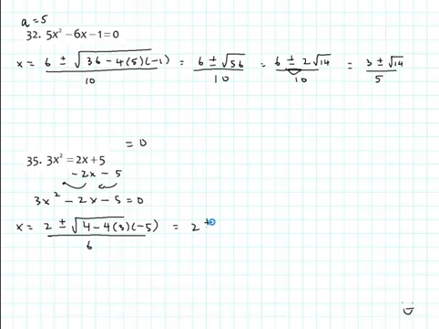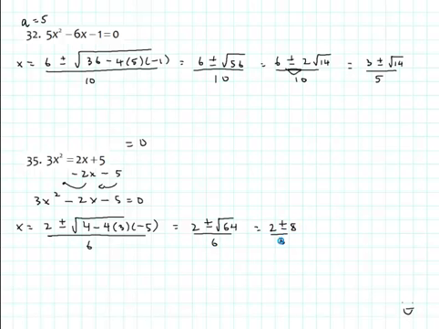2 plus minus the square root. We end up inside with 64, which is a good number, over 6. This will be 2 plus minus 8 over 6.